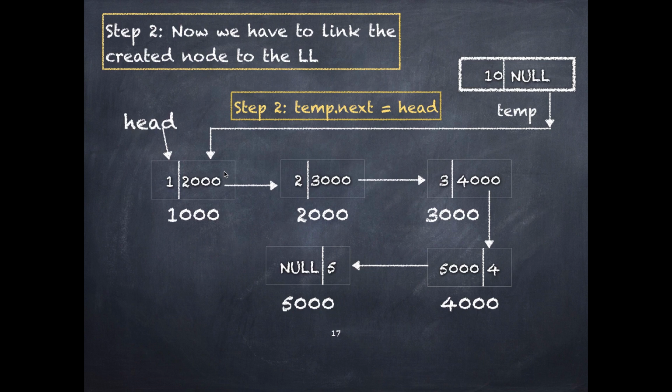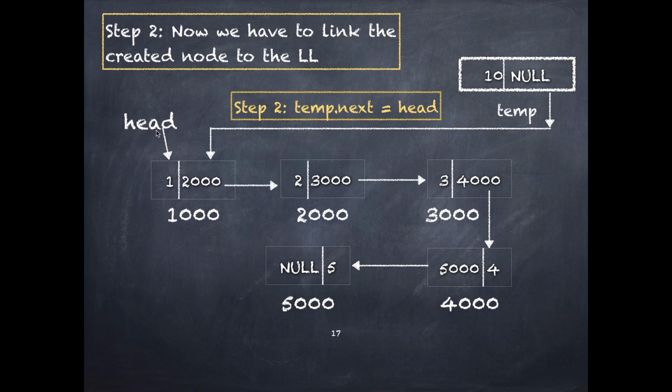But what point is missing here now? Yes, this head pointer is still pointing to the second element, right? So you are not able to access the first element with the head pointer.